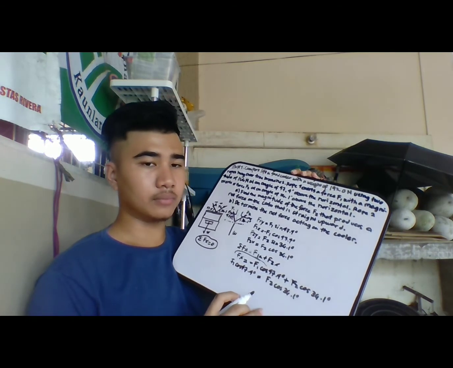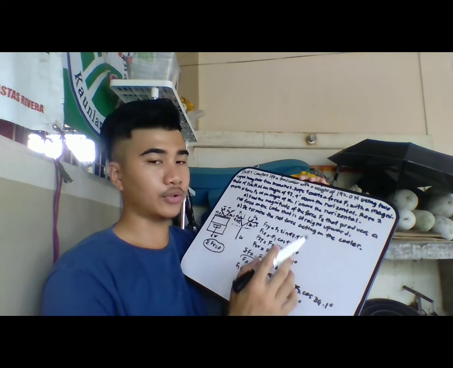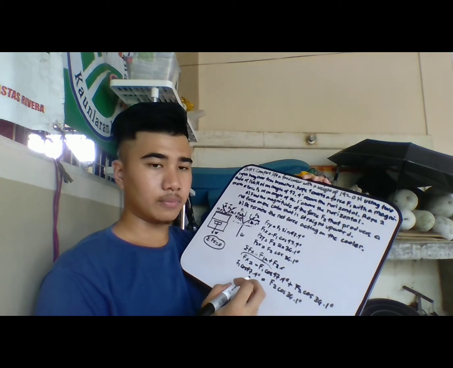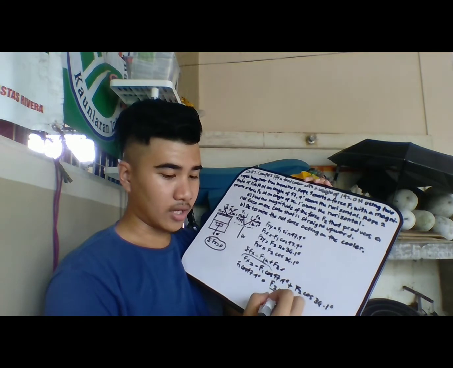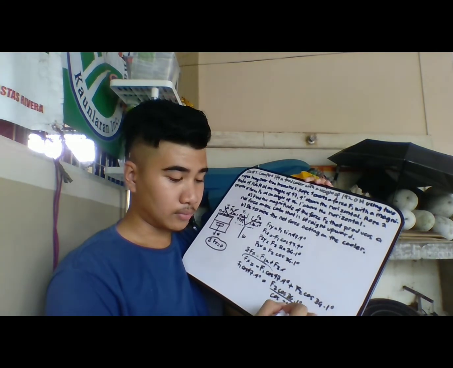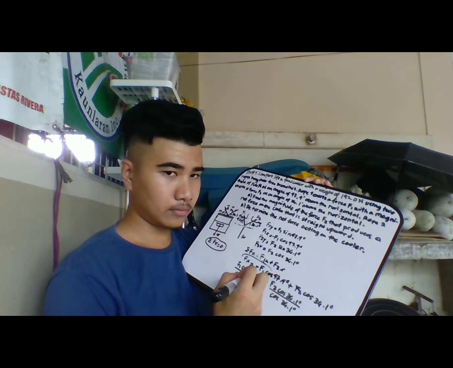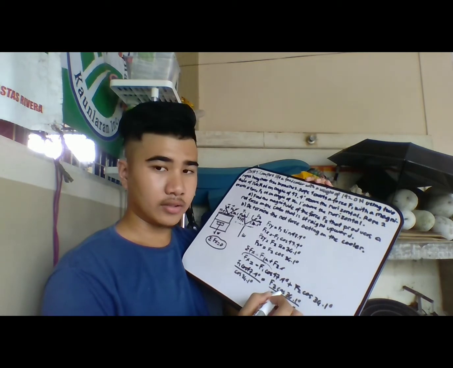We know the value of F1, which is equal to 166 Newton. So we can now solve for F2. We divide both sides by cosine 36.1 degrees, so we can cancel this one.